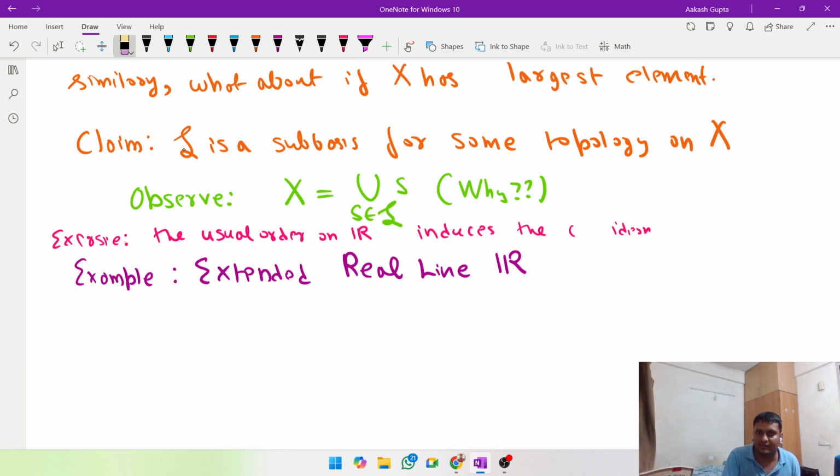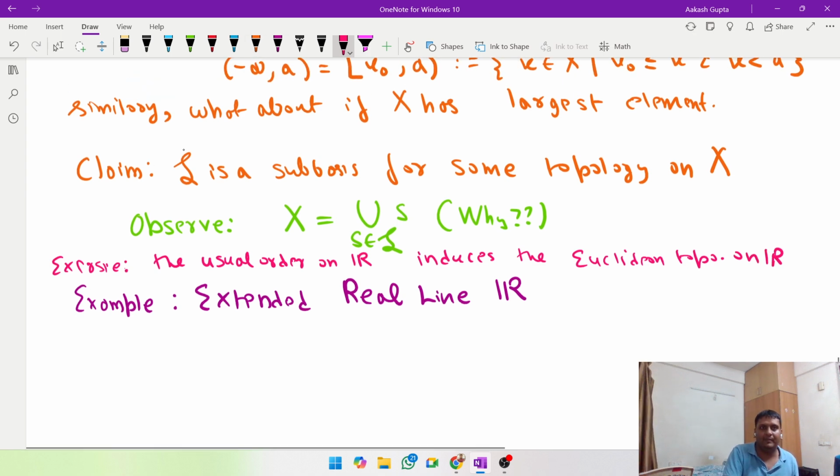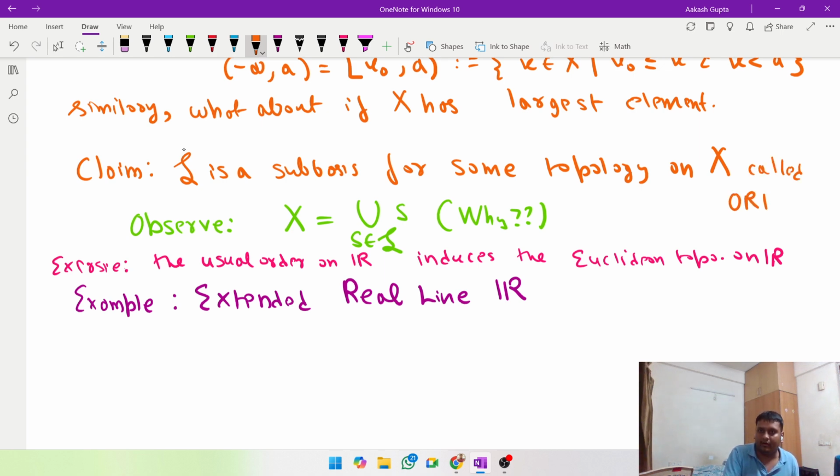Euclidean is the name of the mathematician Euclid, so I should start it like this. Euclidean topology on R. By the way, script S would be a basis for some topology on X called the order topology, or interval topology, whatever you want to call it.